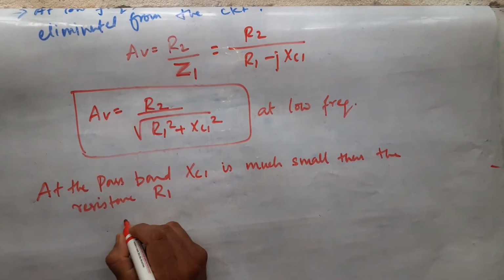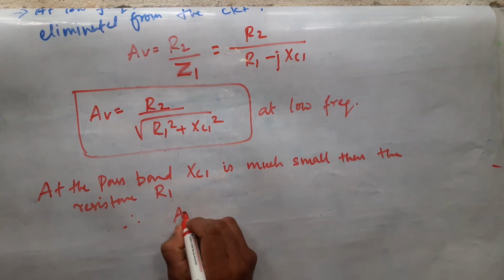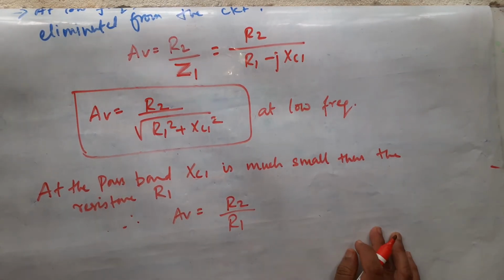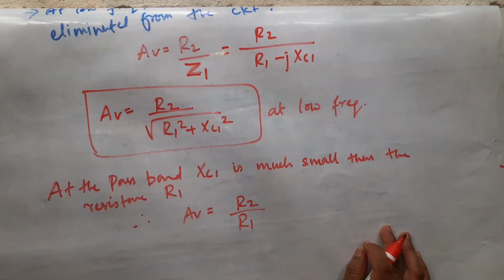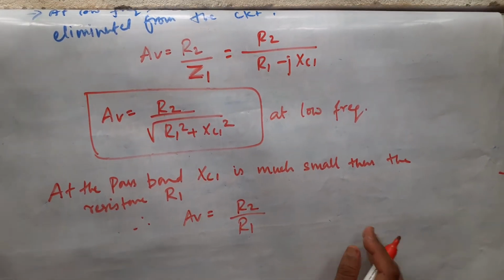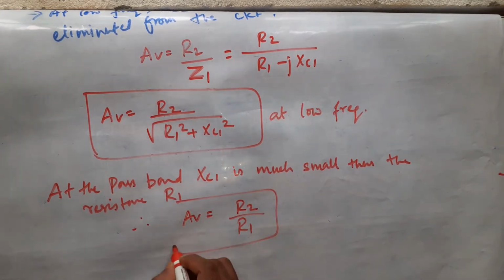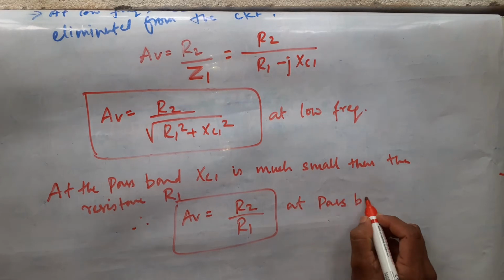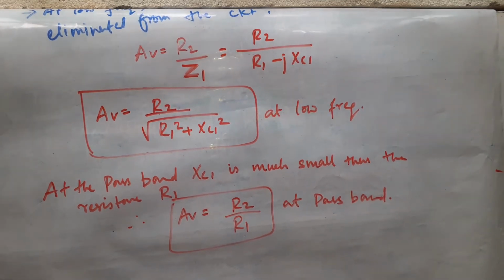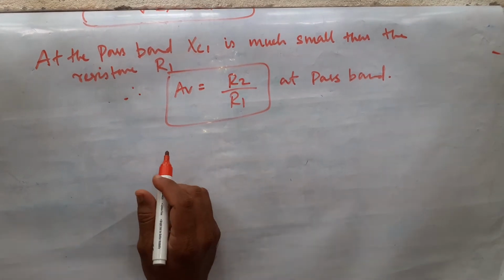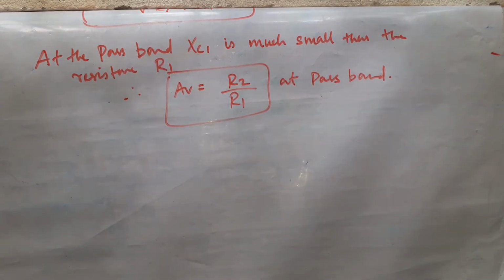Then I can write this AV as R2 divided by just R1, by neglecting XC1. So this is at pass band. Okay. Now let us see what happens at lower cutoff frequency.